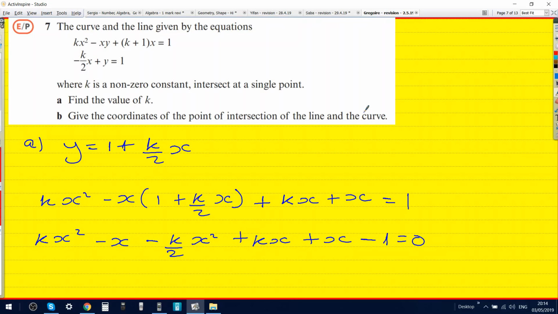What's kx squared minus k over 2x squared? Factorize out the x squared. Oh, so x squared k minus k over 2? Yeah, and so it's basically going to be k minus k over 2 x squared. What is k minus k over 2?